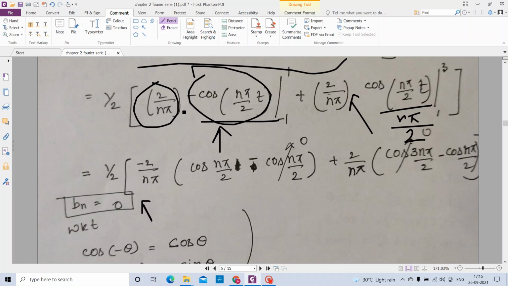How did we get that? You just have to substitute the upper limit and lower limit. After substituting, we know that cos 180 is 0, right? Otherwise, there is no need to substitute that one also.